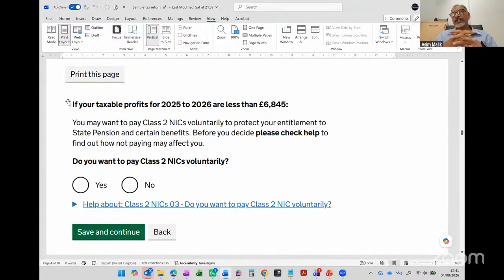This system will calculate कि कितनी voluntary payment करनी होगी, there is a minimum limit, so that you keep on the system.